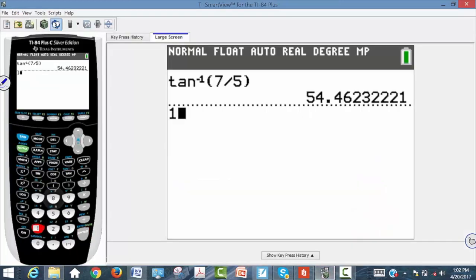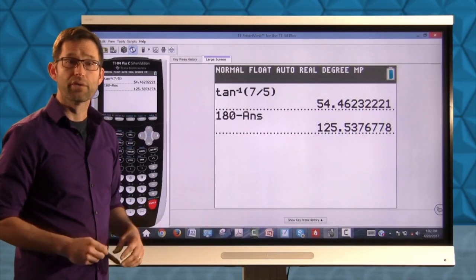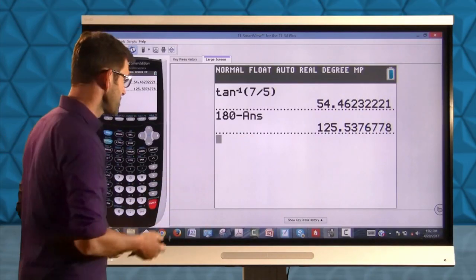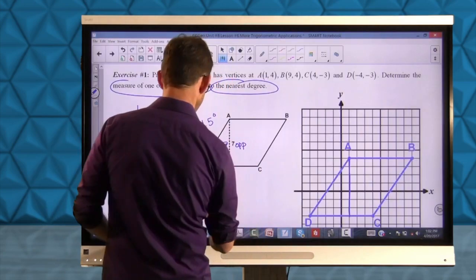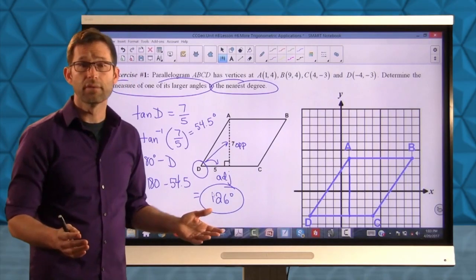Let's do 180 minus, might as well use the answer button on here. 180 minus that, 125.53, rounded to the nearest degree, 126. So, 126 degrees. And that's it, right?